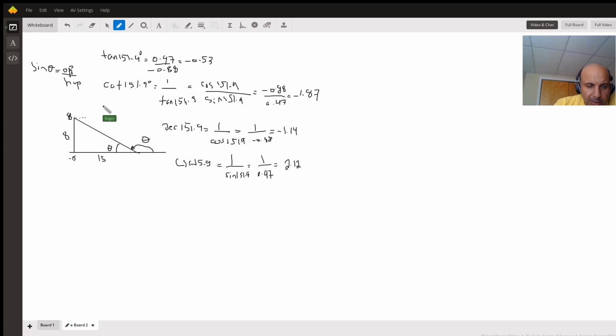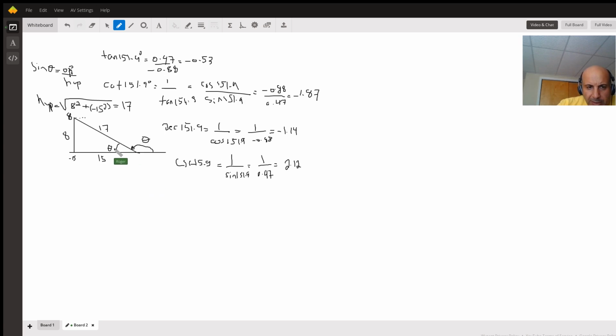Well, by Pythagoras theorem, the hypotenuse is equal to the square root of 8 squared plus minus 15 squared. Minus 15 squared gives you 225, plus 64, you get 289. You take the square root of that, you get 17. So the length of the hypotenuse will be 17.